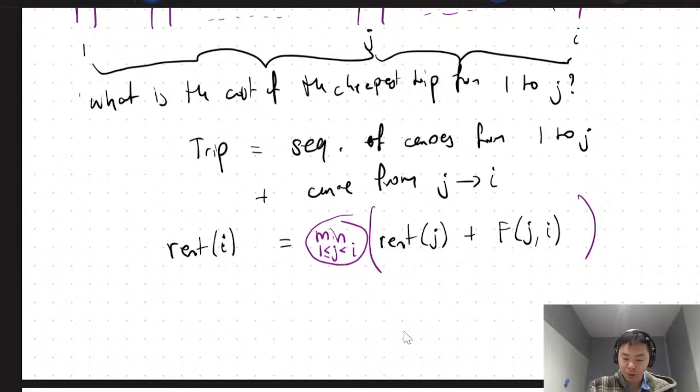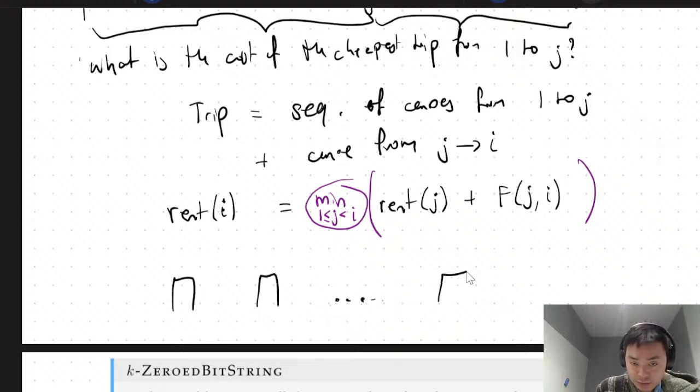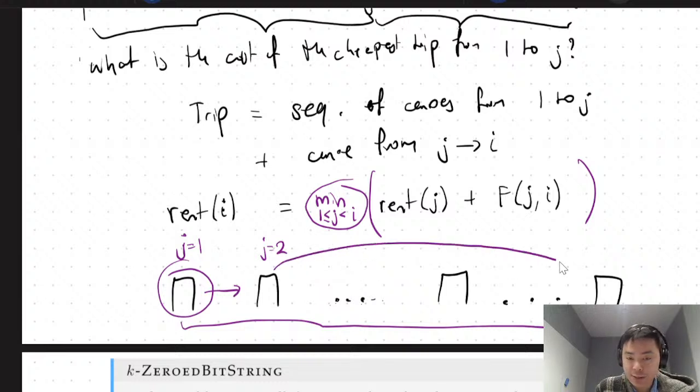So here, what we can think about is if I have the sequence of trading posts, my j could be 1, so I can go directly from 1 to i. So that's j equal to 1. Or I can go j equal to 2, and I can go from here to here, followed by this point to this point.